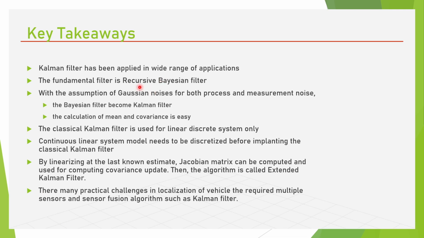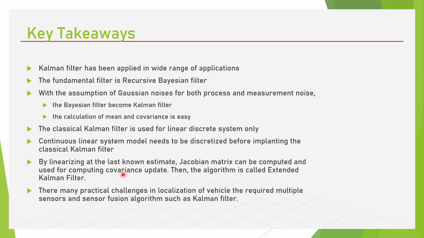The classical Kalman filter is used for linear discrete systems only. However, for a continuous system model, we can do the discretization before implementing the classical Kalman filter. By linearizing at the last known estimate, the Jacobian matrix can be computed and used for computing the covariance update.